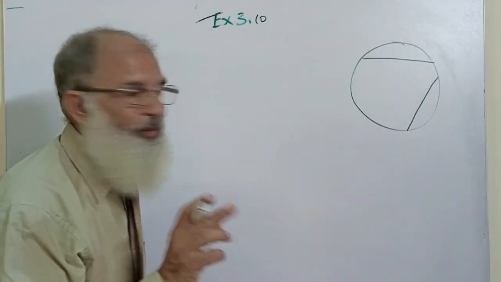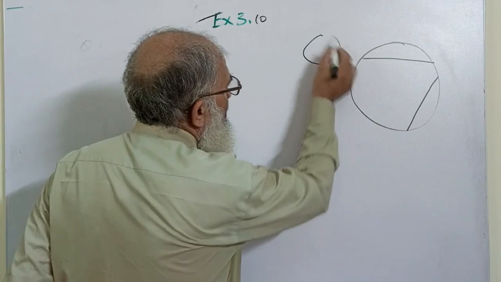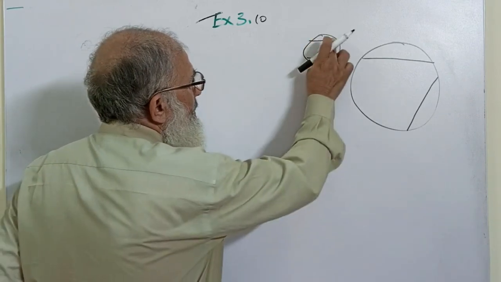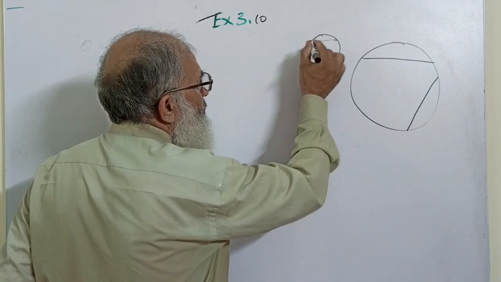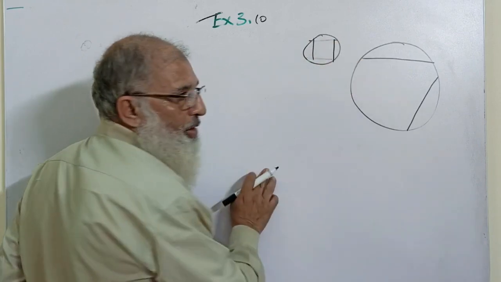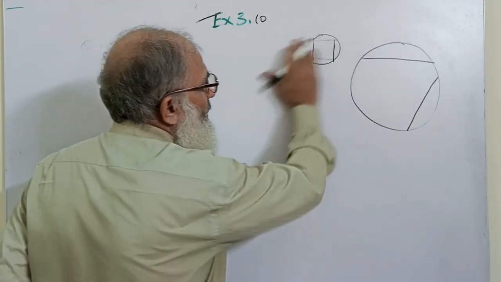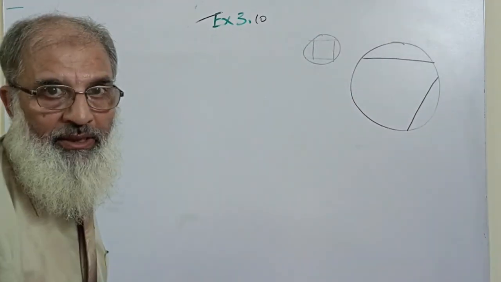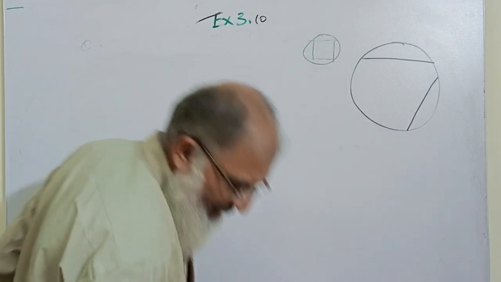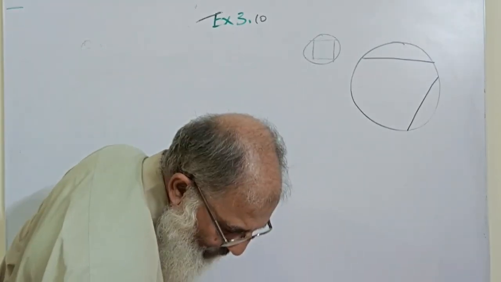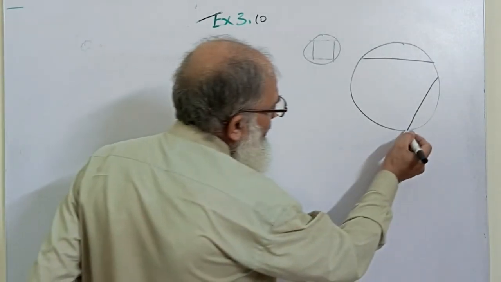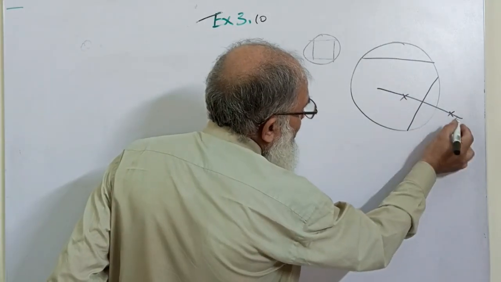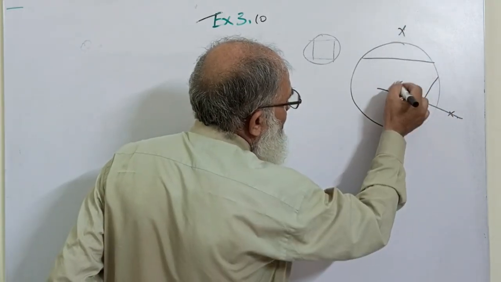He has given us the condition that these chords should not be parallel. This should not be like this. Okay. Now these are not parallel chords. And then what we have to do is draw a perpendicular bisector for each.